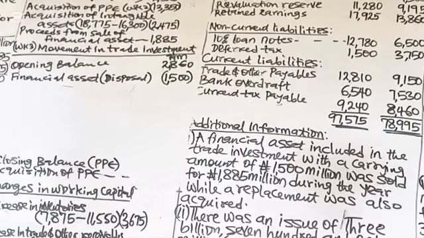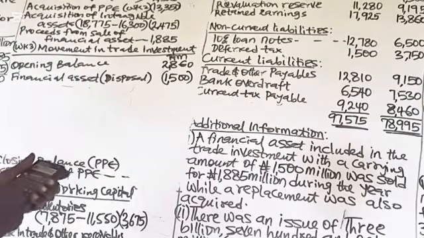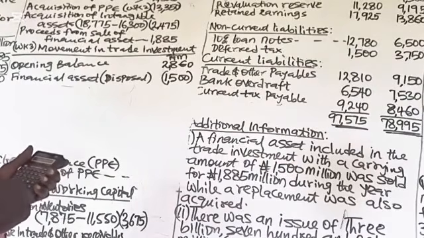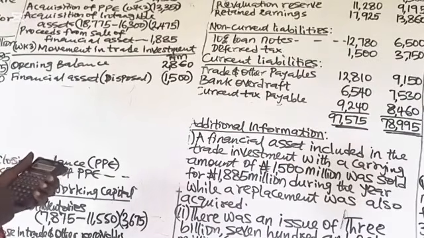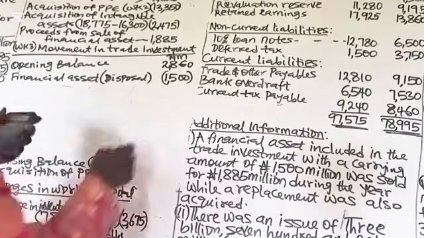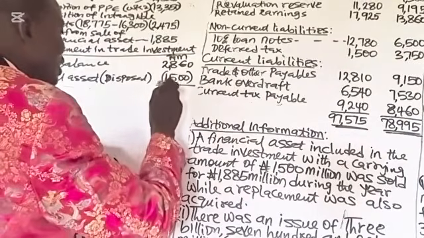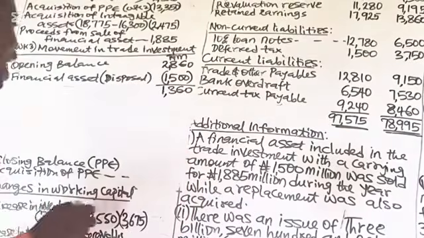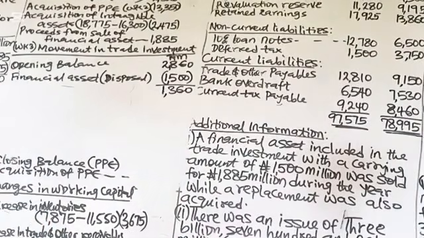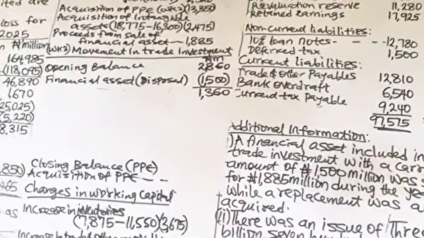There are no further adjustments to 2,860 minus 1,500, then you have 1,360. Now, you compare this sum with the closing balance.